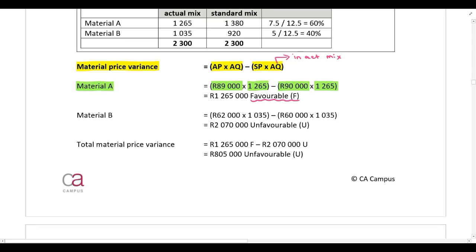Let's look at material B. You can see the actual quantity is exactly the same because we are calculating the price variance. So the quantity is the same. We are comparing the actual price paid per kilogram to the standard price per kilogram. And this variance is unfavorable because they actually paid more than the standard price per kilogram. All right, so that's your material price variance.